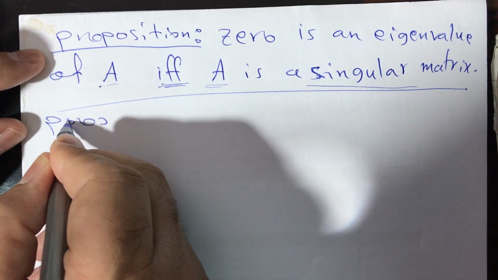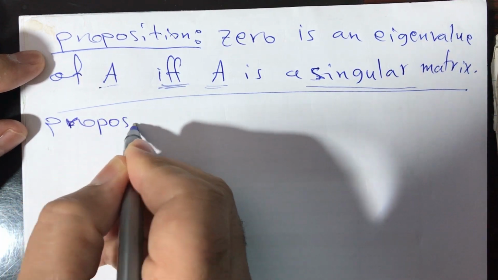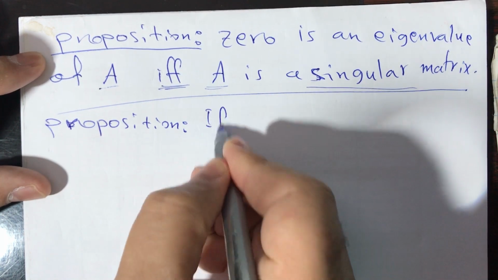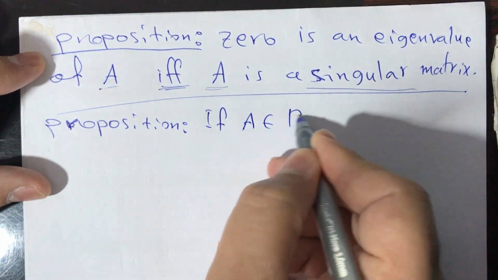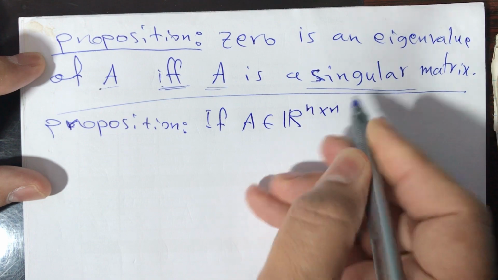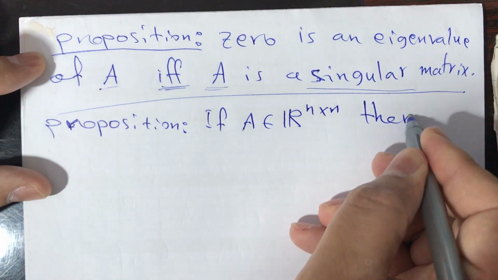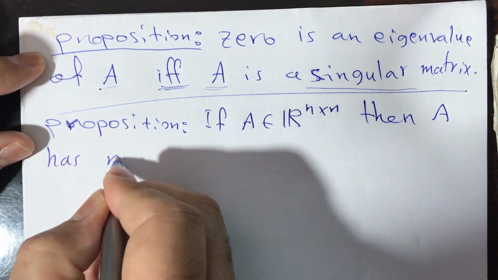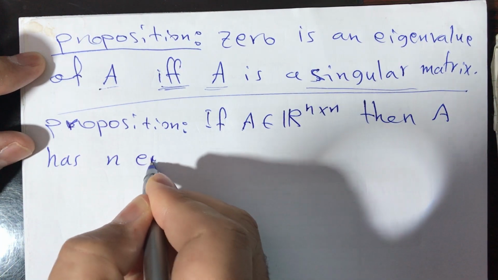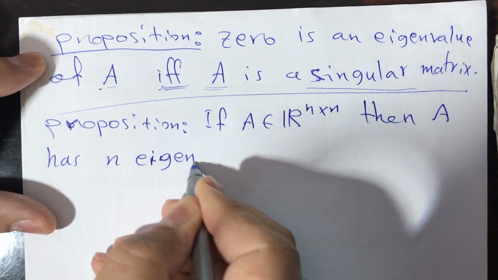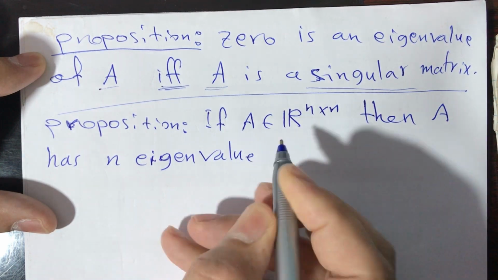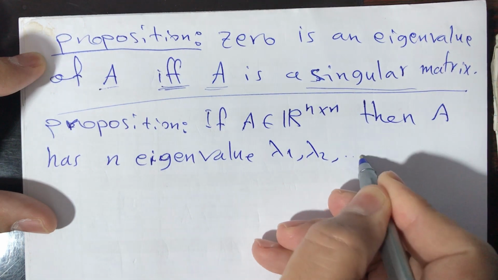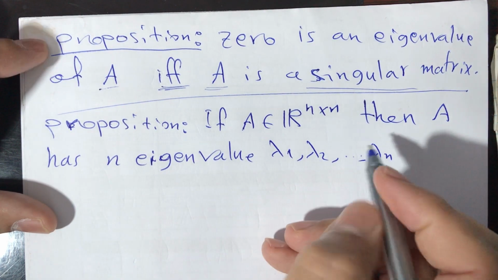Proposition. If A belongs to R n times n, then A has n eigenvalues lambda 1, lambda 2, until lambda n.